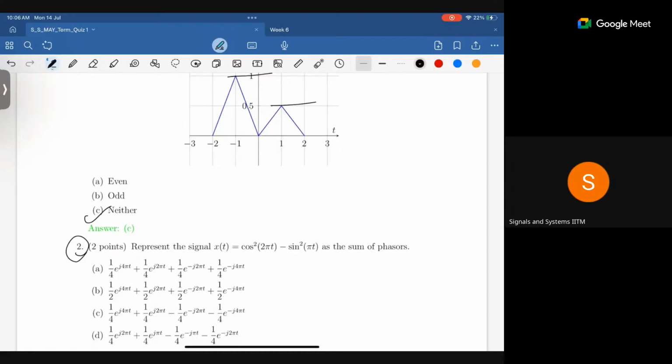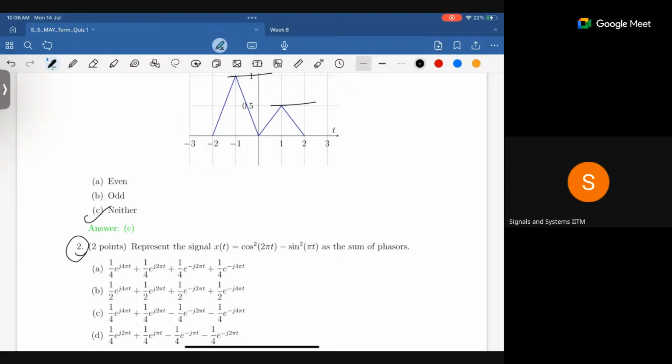Just raise your hands. You don't have to unmute and talk. Okay, no one. All right. Should I discuss this or you guys will try it out? Okay. Priya says option A.